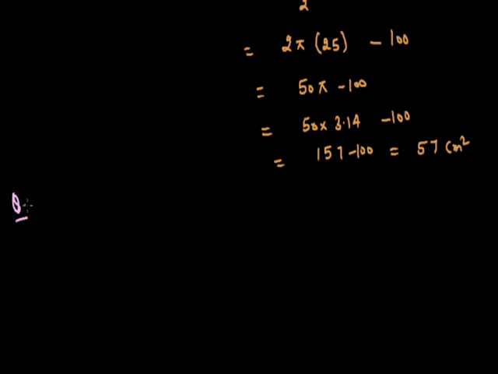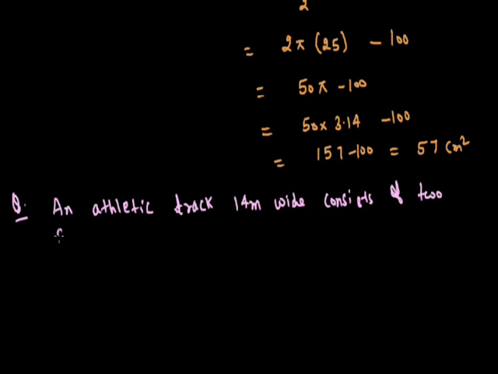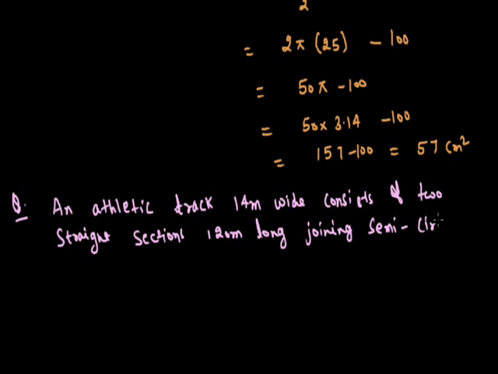Next problem. An athletic track 14 meter wide consists of two straight sections, 120 meter long, joining semicircular ends, whose inner radius is 35 meter.